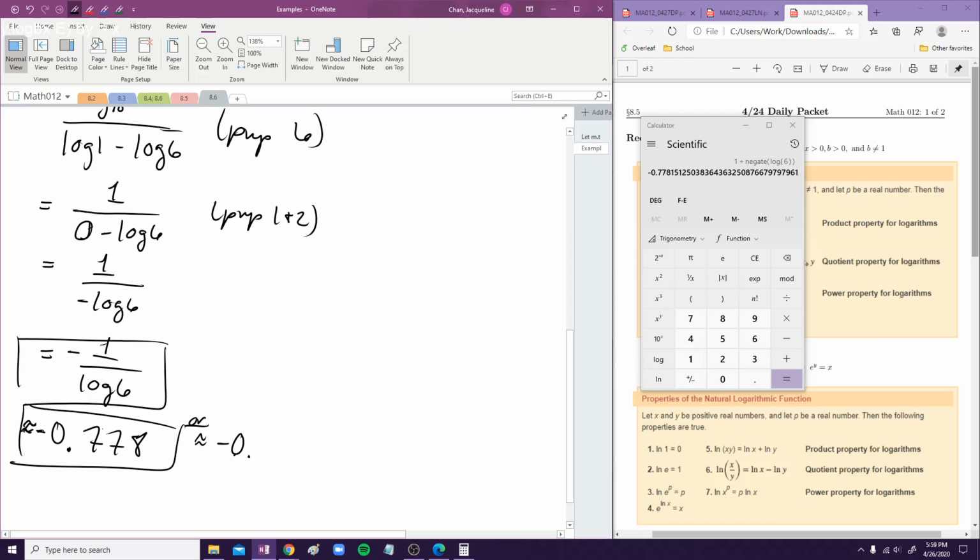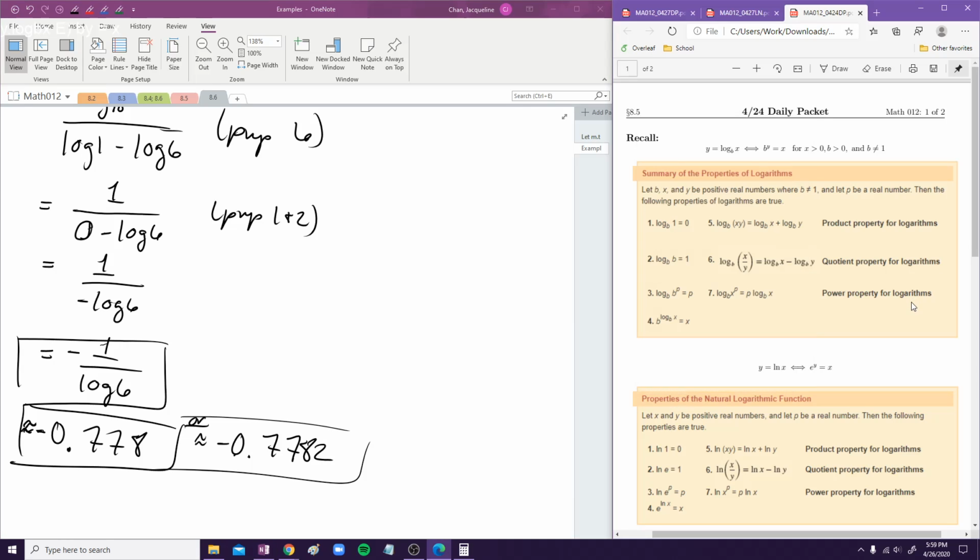So if I want to do 4 decimal places, I'm going to write the first 3. Before I write the fourth one, I'm going to look at the number to the right of it, which is a 5. Since it's a 5, what does that mean? We're going to round up. So this is going to be 2. So this is how you do the change of base.